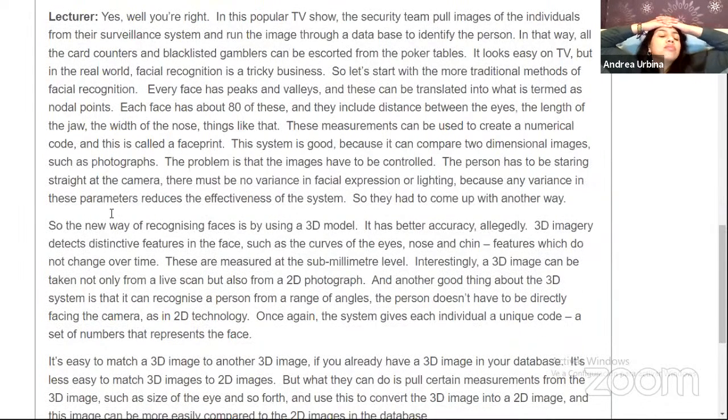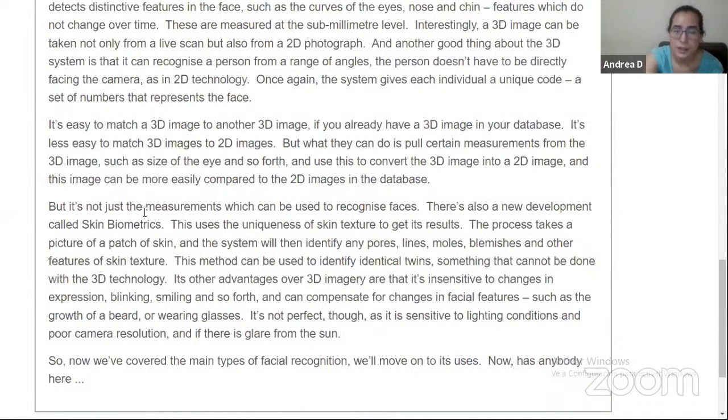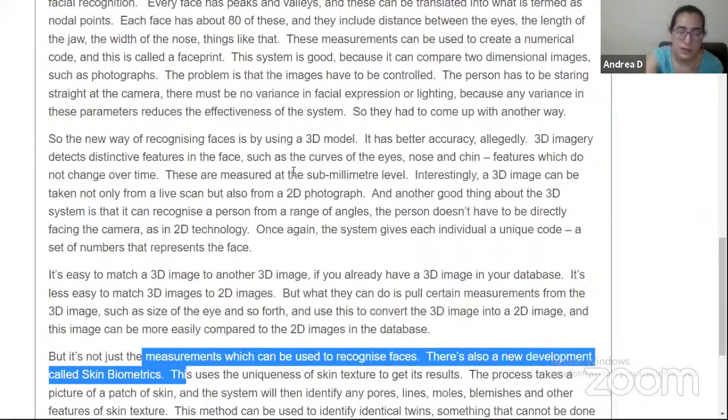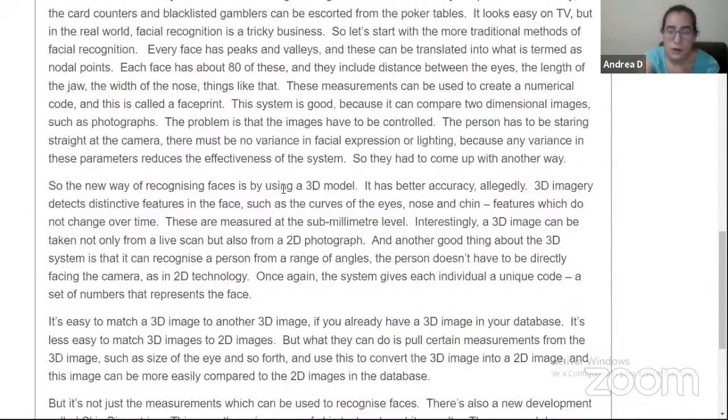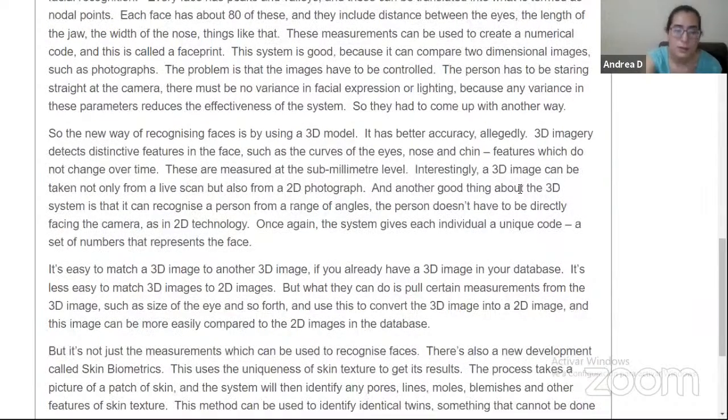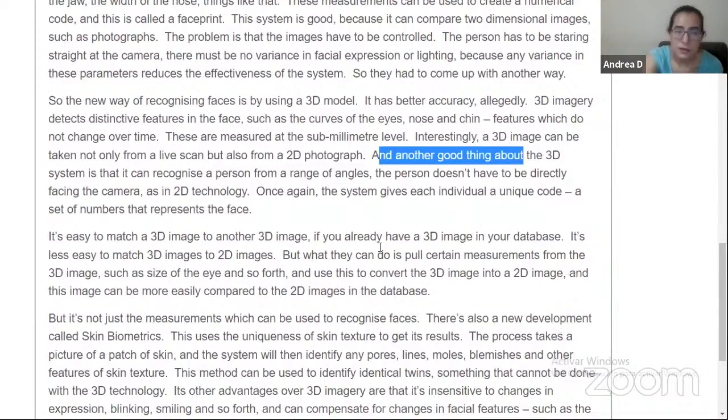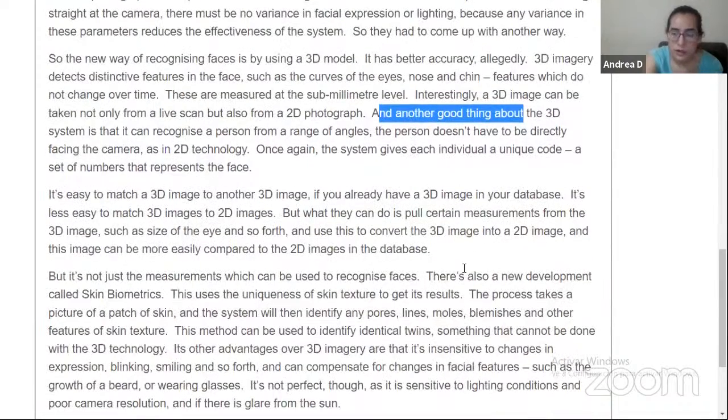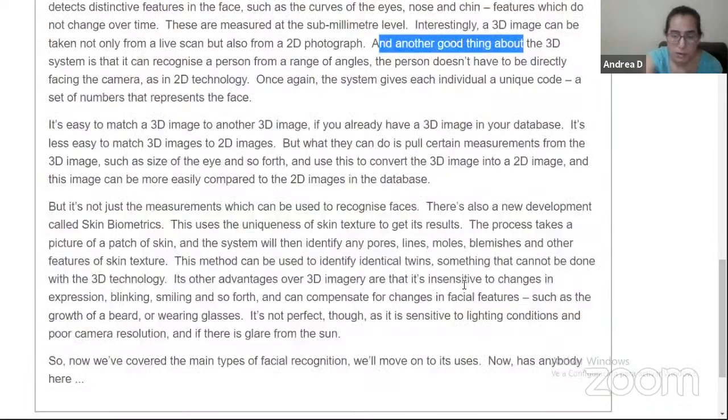And then it's not just the measurements, there's also a new development called skin biometrics. Then you have something like, this system is good because it can do this, but the problem is, and then you have a list of things. Or another good thing about this, and then you have the problems again.